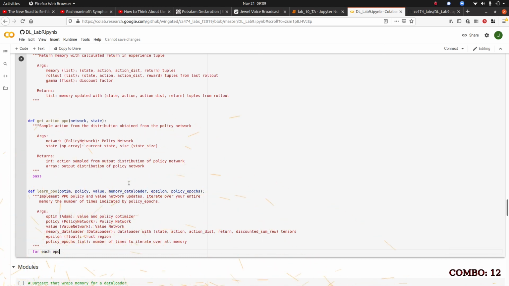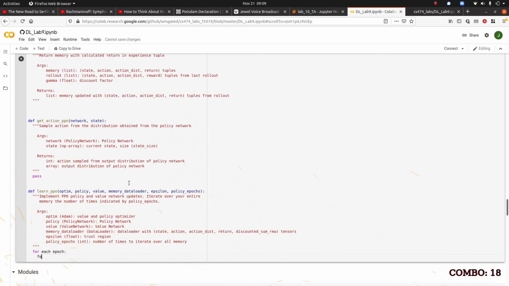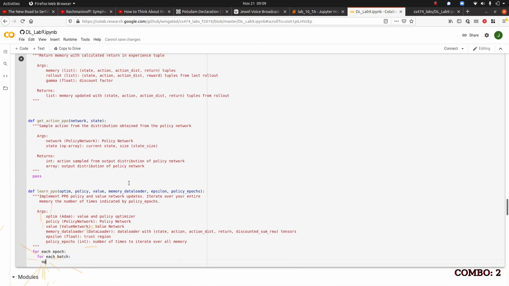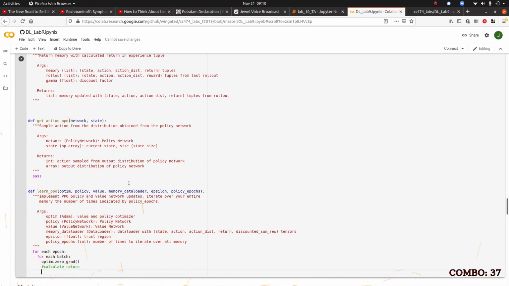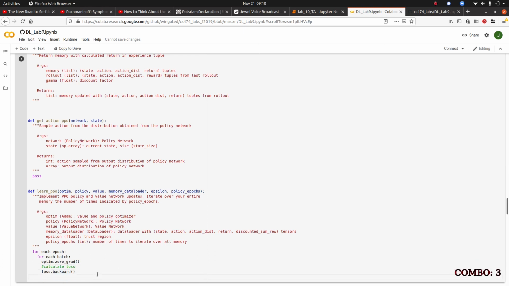For each epoch, for each batch, we have our 4 steps: opt-in zero grad, calculate loss, loss dot backward, opt-in dot step.